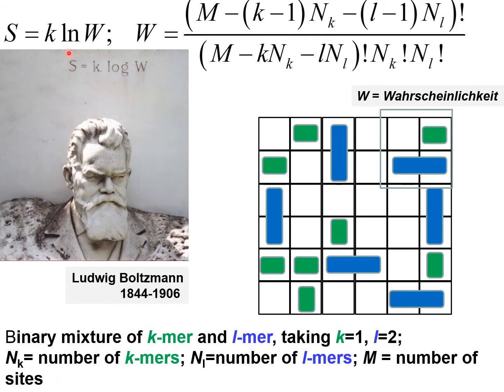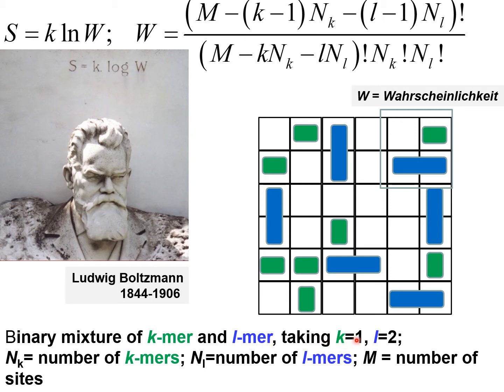Let us quantify the entropy effects by using the Boltzmann expression S equals k ln W, where k is the Boltzmann constant. This expression is also engraved on his tombstone in Vienna. We consider a binary mixture consisting of a Kamer and an Elmer. The Kamer is the ethanol guest, and the Elmer is the 1-propanol guest.